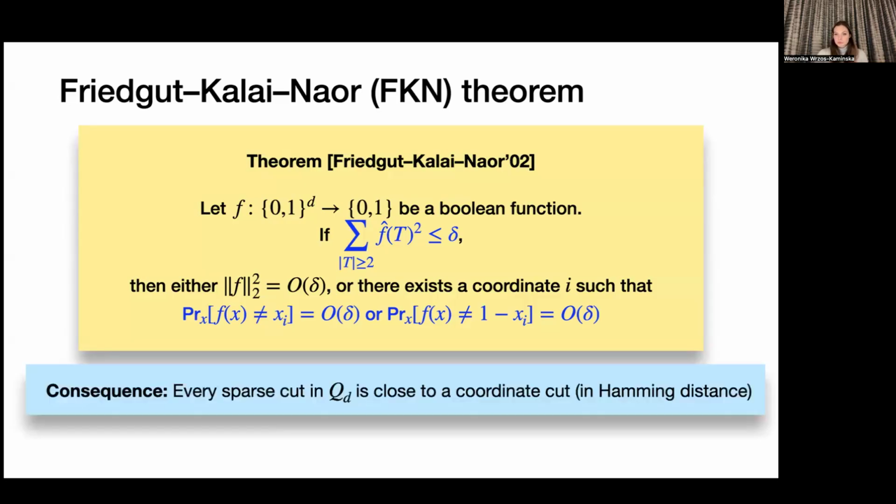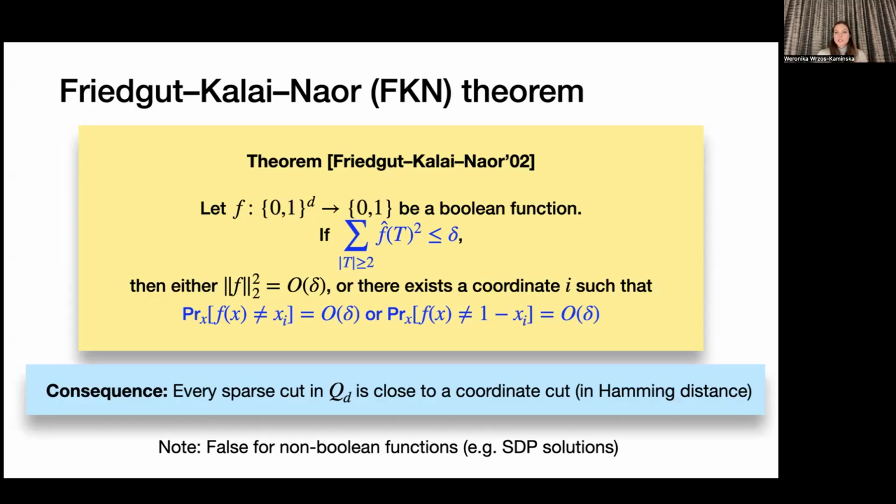And this is exactly what we needed. We saw that every sparse cut places almost all of its mass on the bottom two levels. So now the FKN theorem tells us that every sparse cut has to be close to a coordinate cut in Hamming distance.